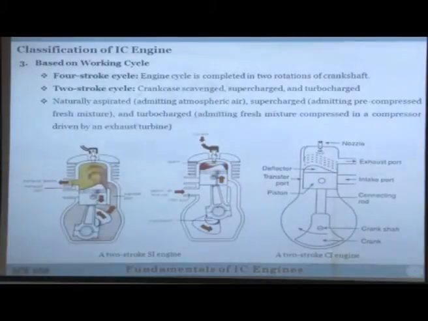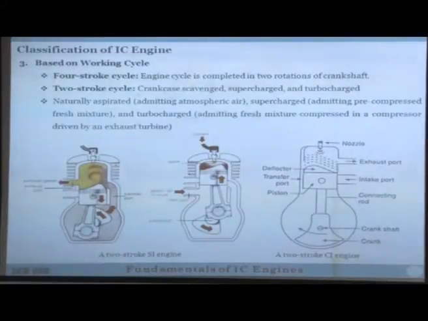Charged means you are putting in more pressure. If you have a compression device connected to your engine crankshaft, it is called supercharging. That means you are drawing some power output from the engine crankshaft and then pressurizing the air. That's called supercharging.